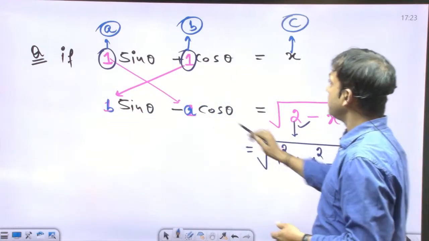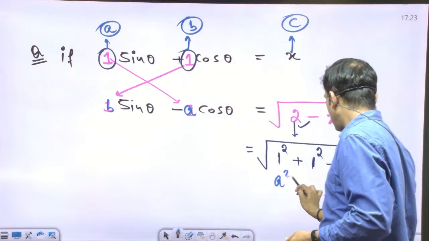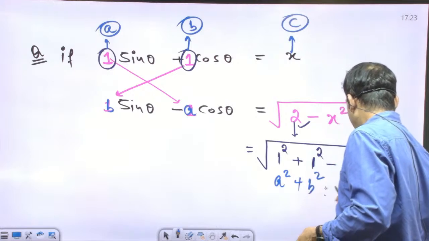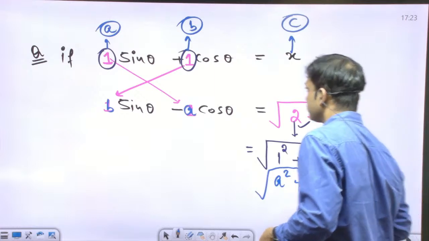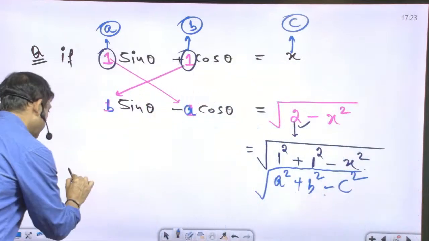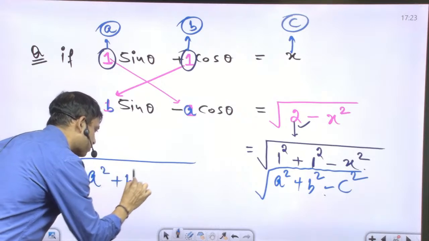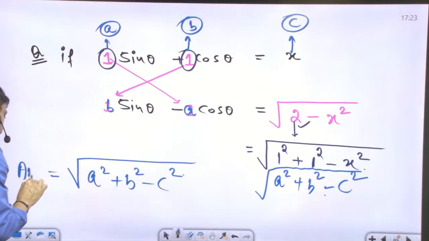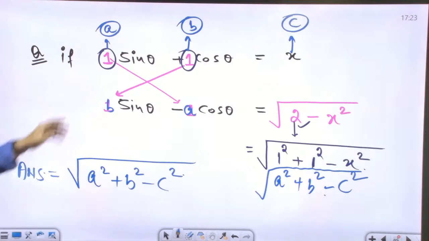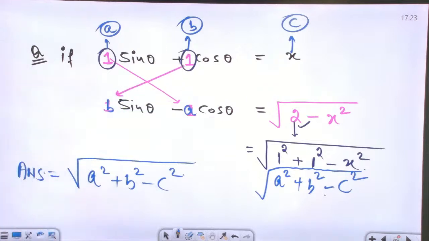That is 1, 1 in case of A, B and C. So simply write A square, B square and minus C square with under root. So your answer will be, in any question, under root A square plus B square minus C square. This will be your answer. This number, second number, third number. Second, third and first.